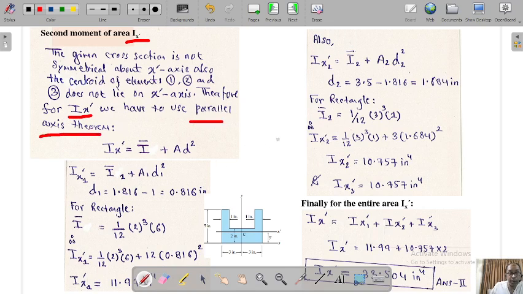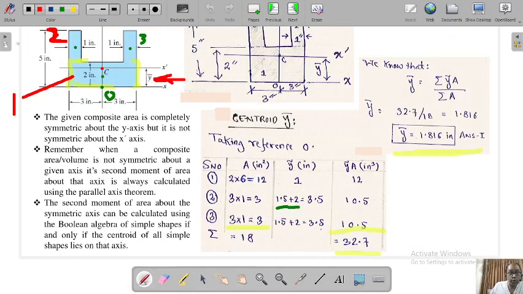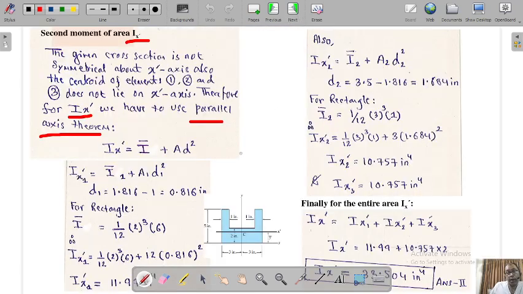The answer is over here: because the cross sections are not symmetric about the x dash axis, and all their centroids do not lie on the x dash axis. You can see this centroid, this centroid and this centroid are not lying on the x dash axis, so we are forced to use the parallel axis theorem.